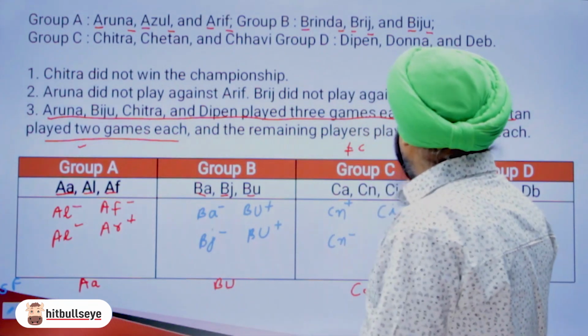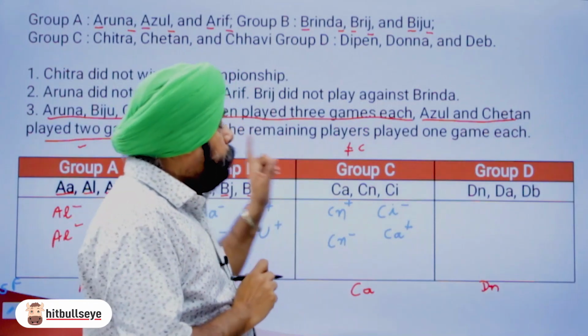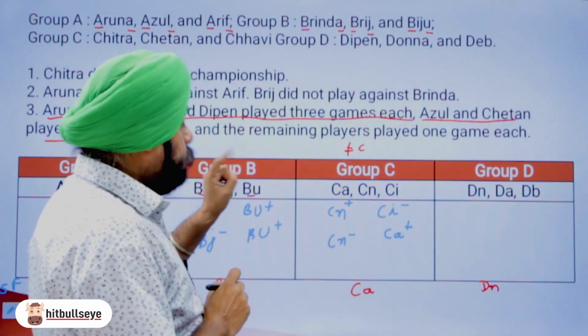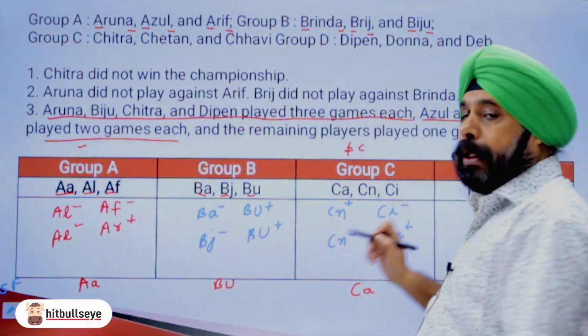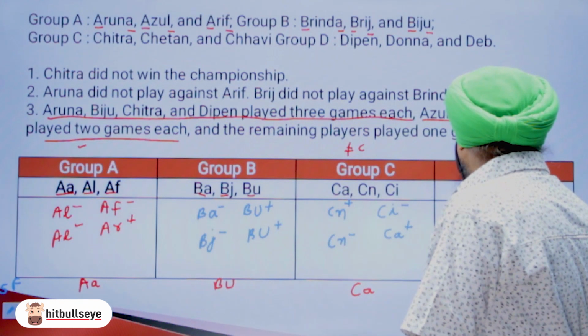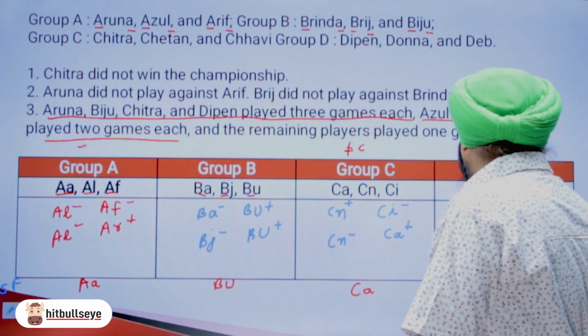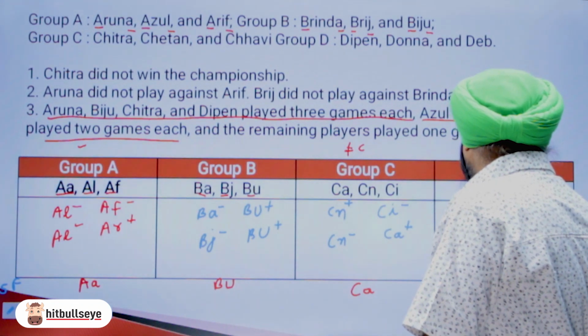And lastly, people, no player of D group has played more than 1 game except Deepan. So that means what would have happened? Deepan has played 3 games, but all others have played 1 only. So Deepan must have won from DA, DA lost to Deepan and Deepan must have won from DB.